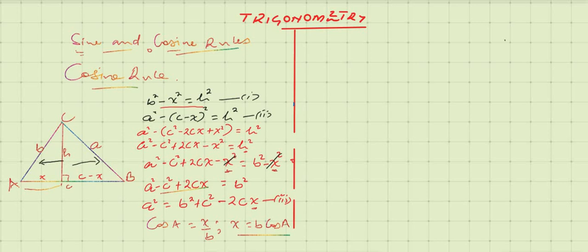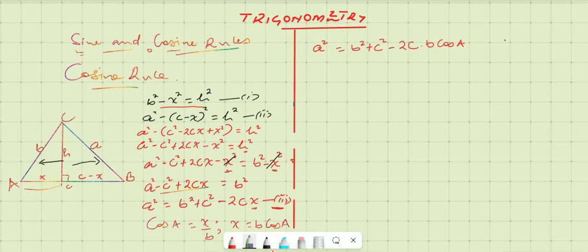This one being true, if we substitute it into equation 3, you realize that a squared equals b squared plus c squared minus 2c times, where there is x, we put b cos A, because we have seen that this is the value of x.